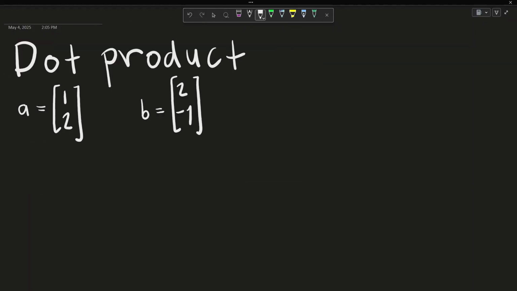To further incorporate this idea of angles, let's introduce the concept of cosine similarity.